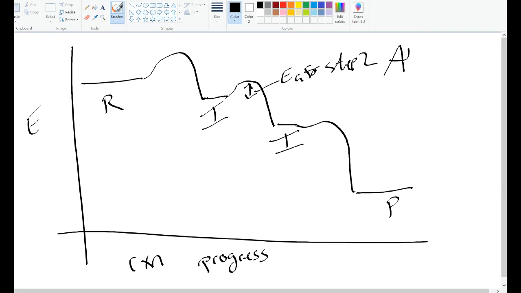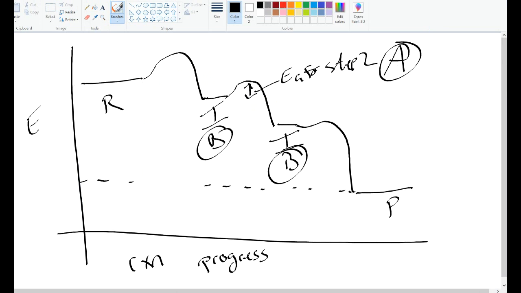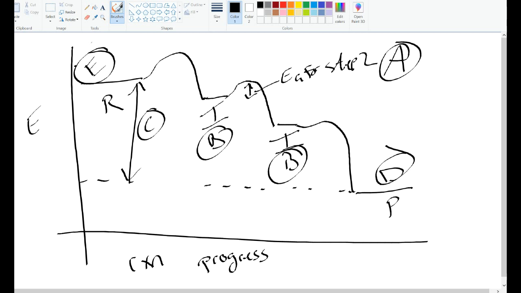So, let's see, this is A. These would both be B. Okay, so the energy change of the reaction, boom. This is C. The products, oops. So this would be E, and this would be D. All right, so that's the sort of thing they're looking for there. If you want, you can try and make yours prettier than mine.